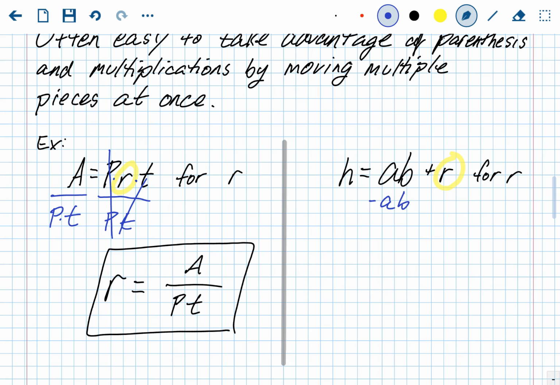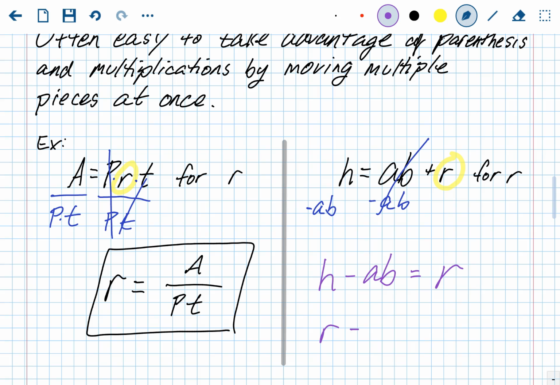We can subtract AB. AB minus AB is 0. Whatever A and B represent, it's going to be 0. So we also have to subtract it from the left side. So on the left side we have H minus AB. Those aren't like terms. We can't combine them. We can't simplify that. We're just going to leave it as H minus AB equals R. Okay, R is solved for.